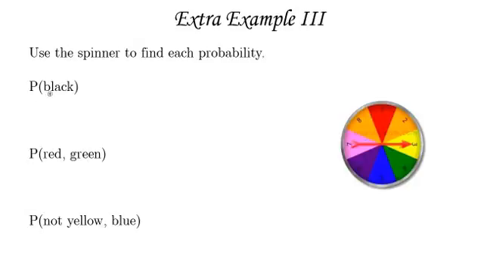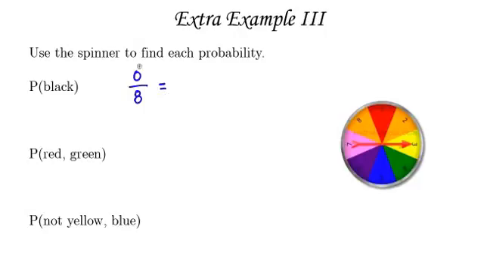So, probability of rolling a black, well, my desired outcome is black. Do I have any black? Nope. So, 0 on top over how many total do I have? 1, 2, 3, 4, 5, 6, 7, 8 over 8.